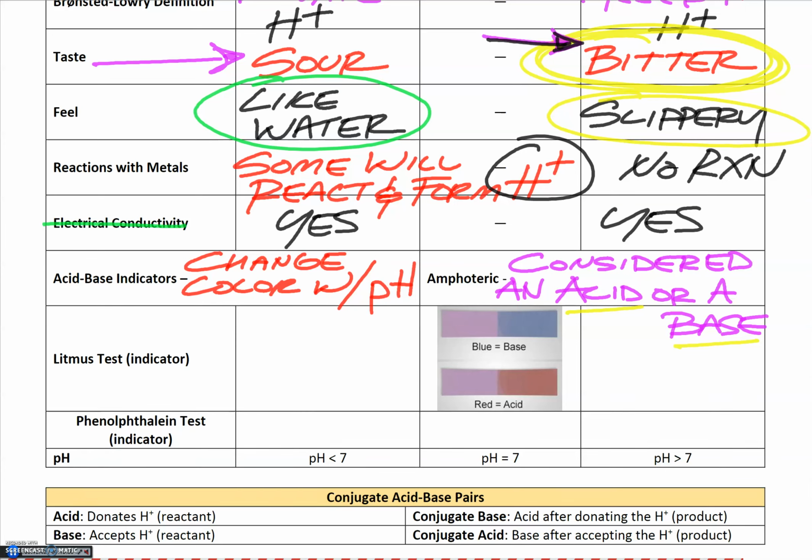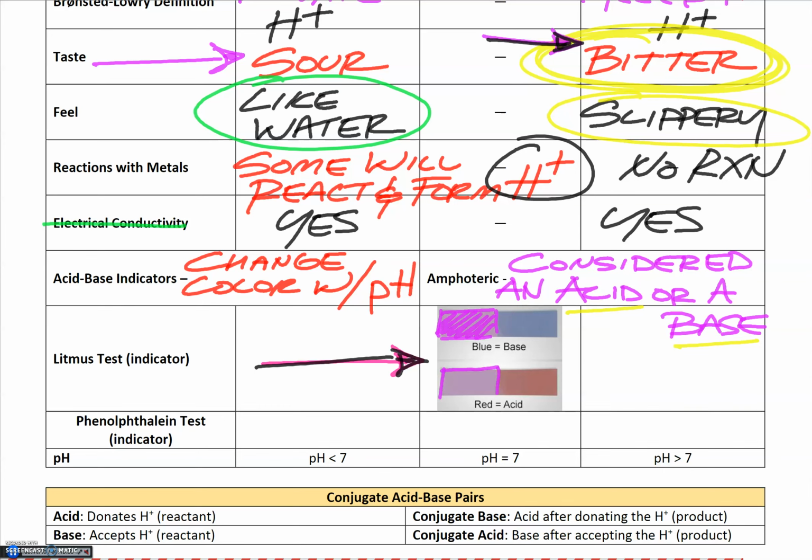Okay, this is just a simple picture of an indicator. This is a litmus indicator, so litmus paper. Litmus paper basically has two options. It says, hey, you got an acid, or hey, you have a base. It doesn't give you pH, it just is a yes or a no. This picture is not the greatest, but litmus paper is often pink or purple, and that's the way the litmus paper starts off.